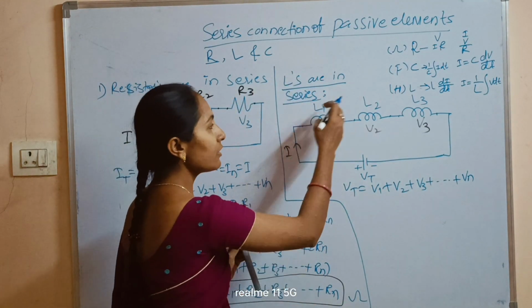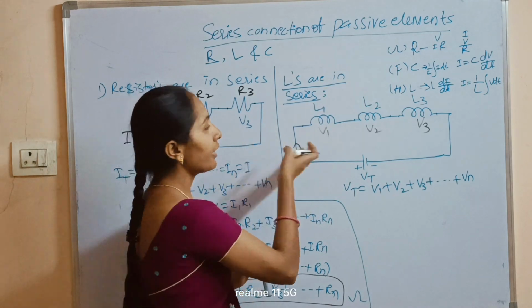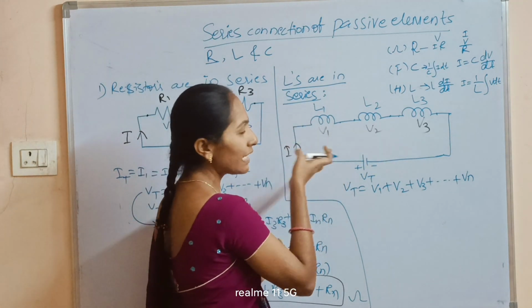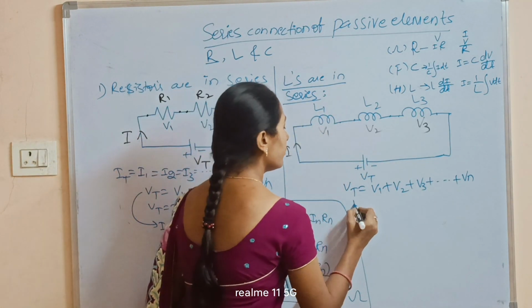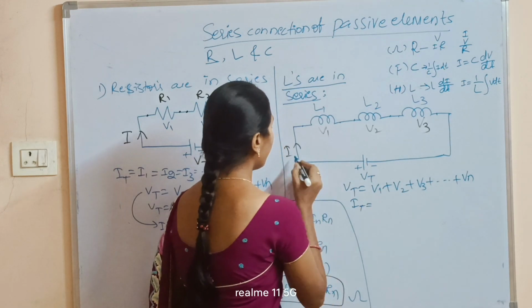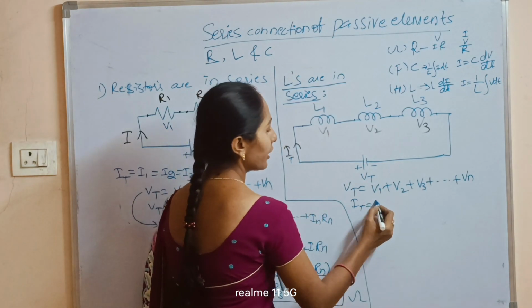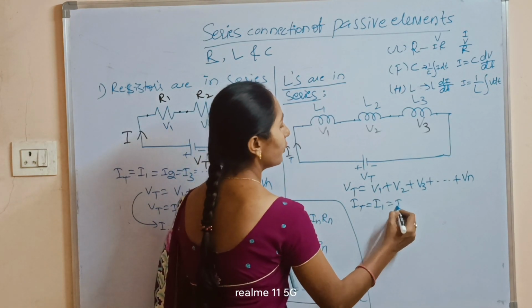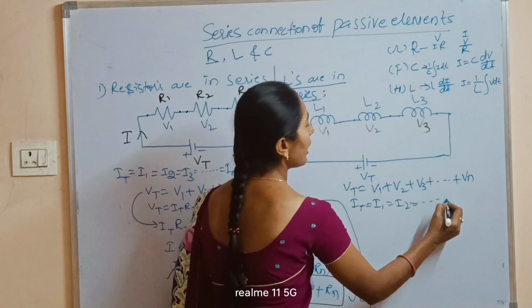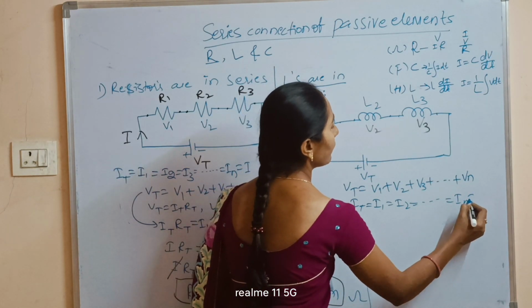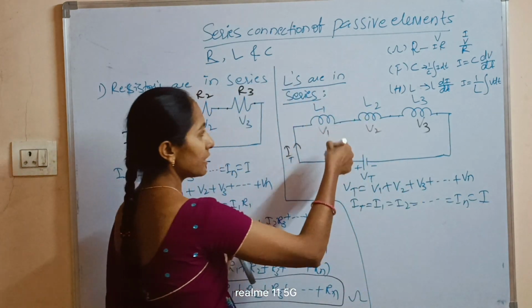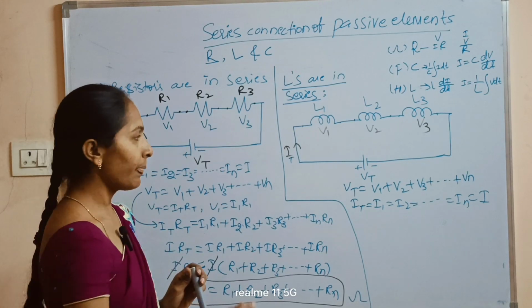Now coming to current, it is also a series connection, so current must be the same, only a single path. So I total equals I1 equals I2 equals so on, In, equals I only, because it is a series connection.